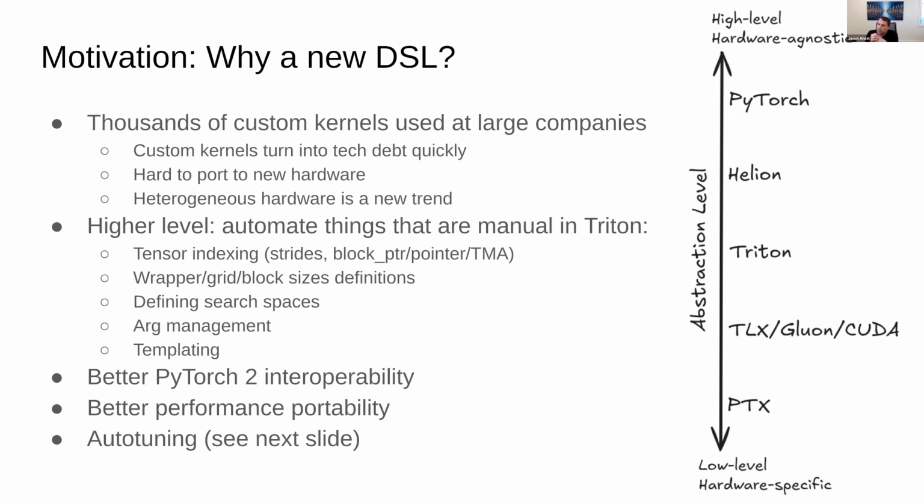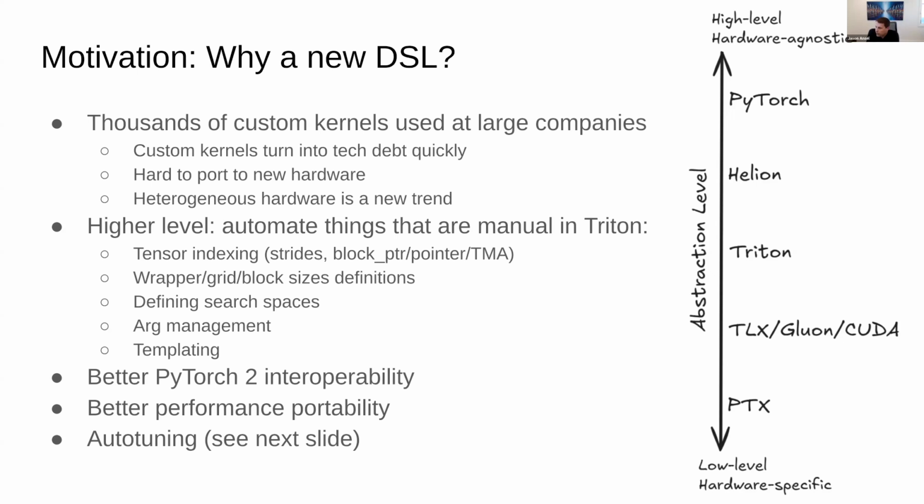A lot of the things that are very manual in Triton, like tensor indexing, grids, defining the search space, argument management, and templating, are more automated in Helion, which hopefully allows you to write less code, but more meaningful code, where you're really just writing the meat of the algorithm, and then letting the autotuner search over good implementations.